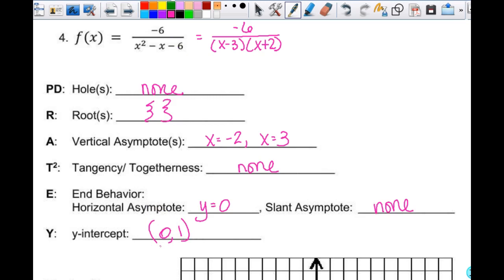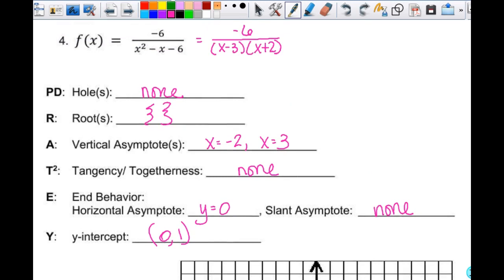All right, and look at the sign chart. If you plug it into the factored form, you're going to do some work, like it has to be negative 6 over 3 times 2. But if I substitute into this one, it basically just zeros out the x and leaves it with the constant. So it's a little easier and shorter to do it in the one that's multiplied out, but you get the same thing either way.